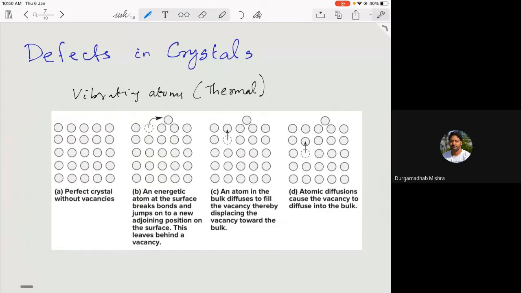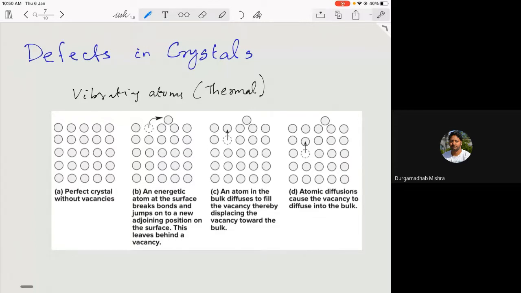It can happen that at a certain temperature, even if you increase above, let's say, 0 Kelvin, some atoms, most likely the surface atoms, have enough thermal energy to become free from their lattice site and go and sit somewhere else.